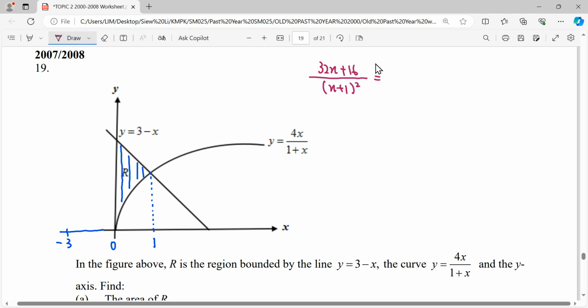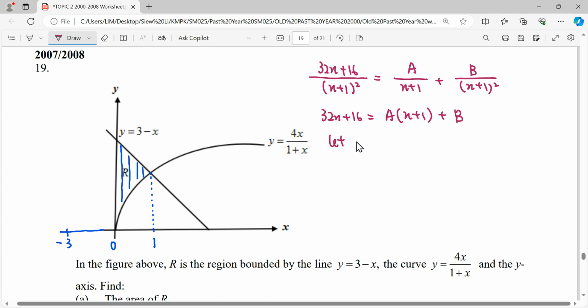For a repeating factor, we split the factor: the first is only x plus 1, then the second we repeat, x plus 1 squared. When the denominator is linear, the numerator is a constant. Then we use the same denominator to find A and B. A will be multiplied by the factor it doesn't have, which is x plus 1. For B, we already fulfill the denominator factor, so B just stays as it is.